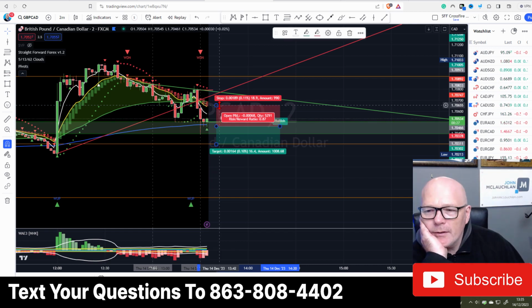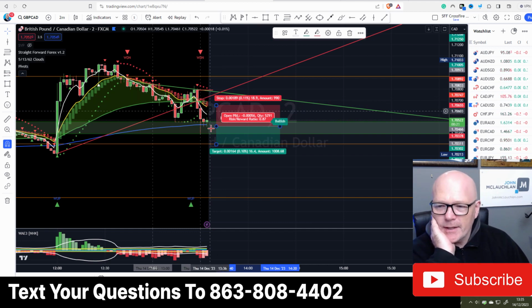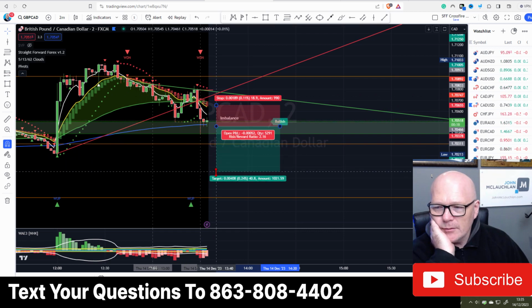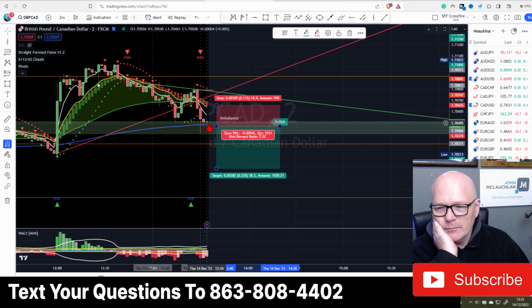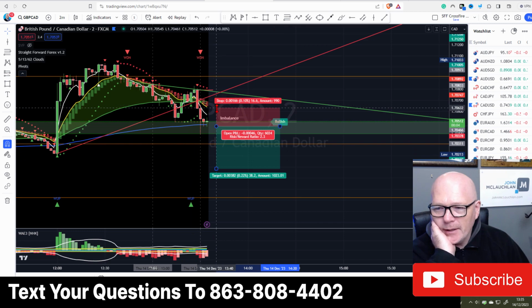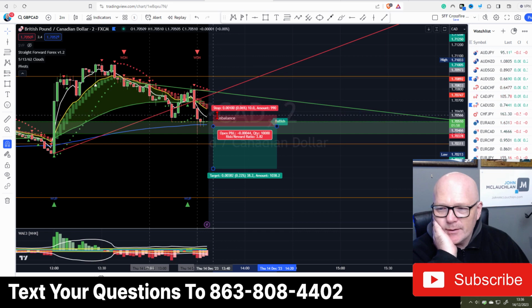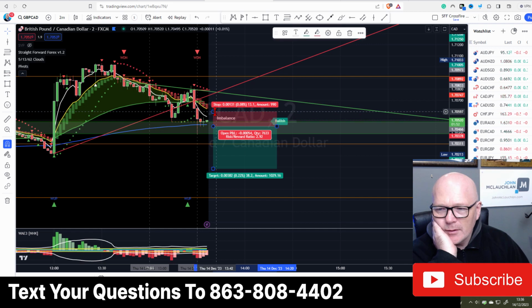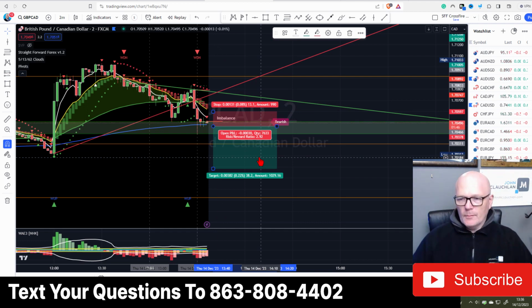That's not really going to work, because ideally I'd want my stop loss above the trend line for safety, and then for a 1 to 2 I'd need to come all the way down to here, which is crazy. So the numbers don't work on this one, even though it looks like a tasty trade. If I wanted to put my stop loss here, then maybe I could take it down to there. I always say it's nice to do about 7 pips, but it's not going to work on this one. So I'll just bin that.